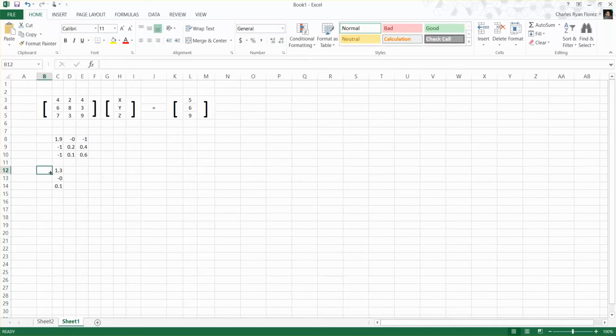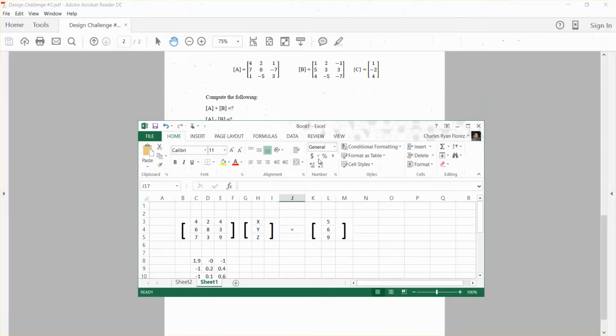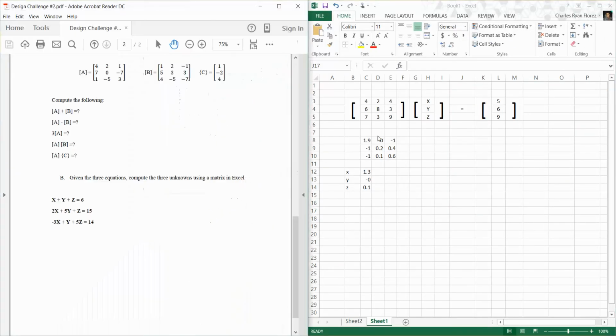And these are my solutions, so x, y, and z. This is as if this 4, 2, and 4 were right in front of the x, y, and so forth.